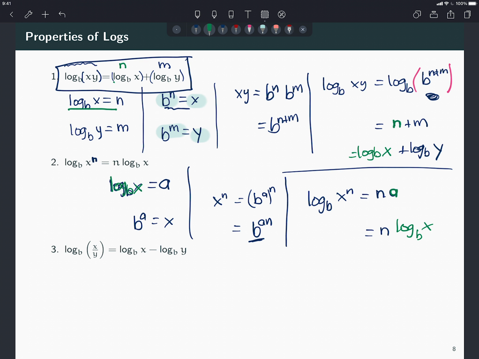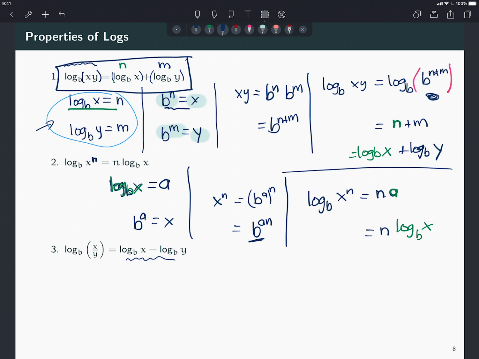And finally, the last property we're going to see here, of course, comes from the exponent rules. It's going to come from the third one, the one that has the division. So now I'm going to go back to x and n, and I'm just going to copy this.